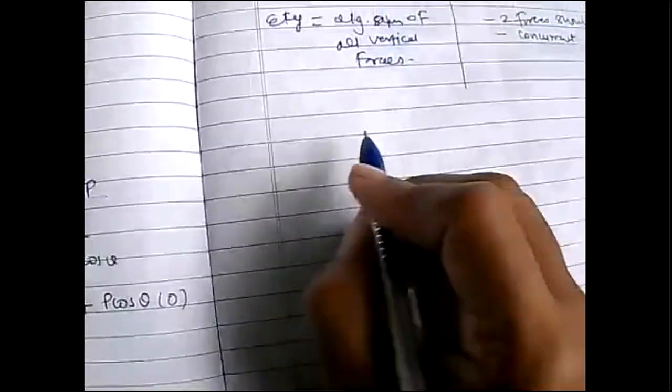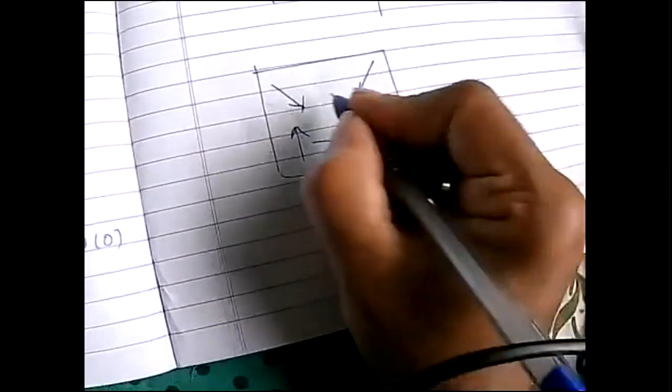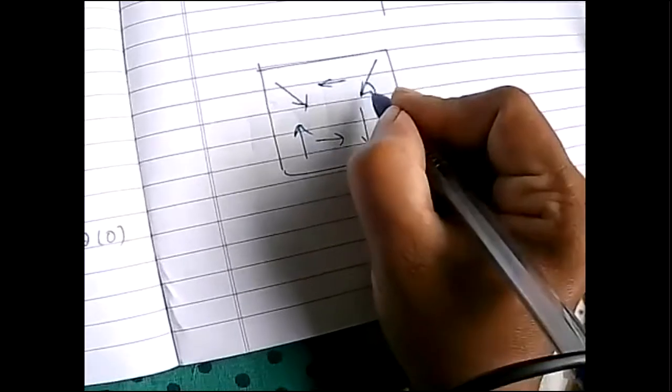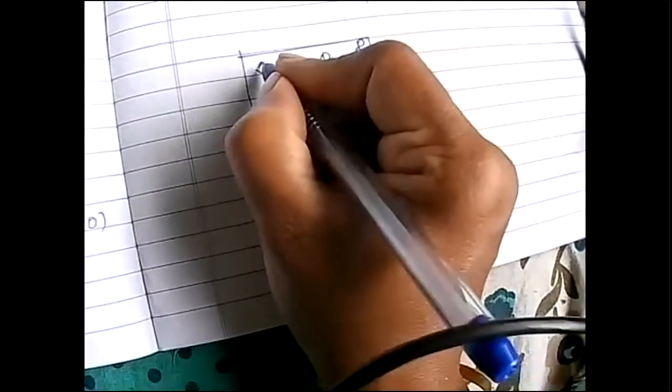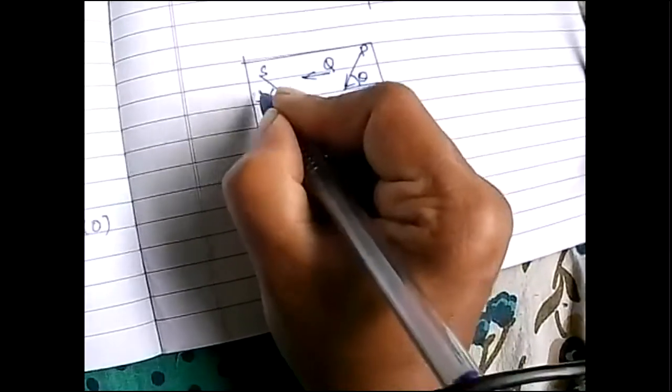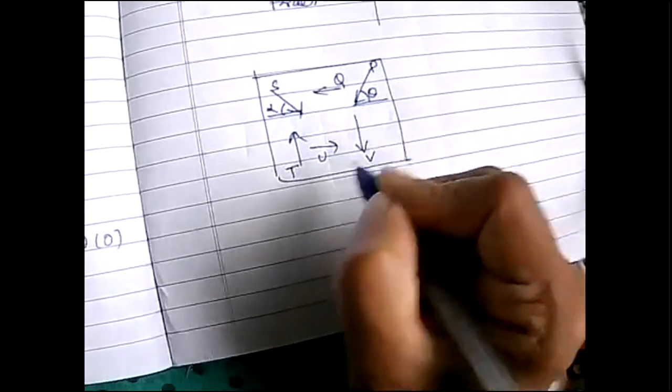Say this is your coplanar force system, in this plane so many forces are acting like this. Few are horizontal, few are vertical, few are inclined. Inclined by theta, this is P, Q, S, this is also inclined by alpha, then this is T, this is U, this is V. These many forces are there.